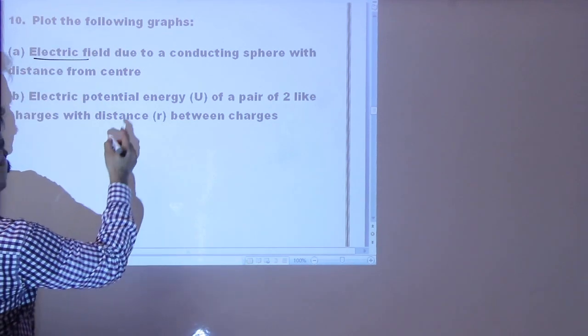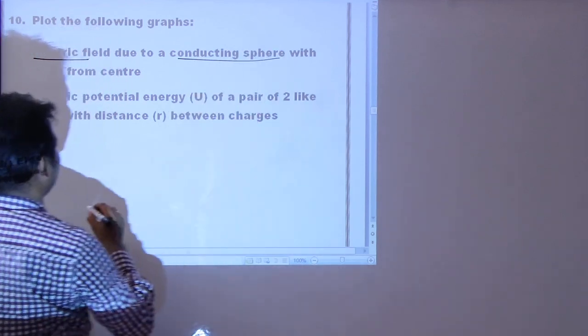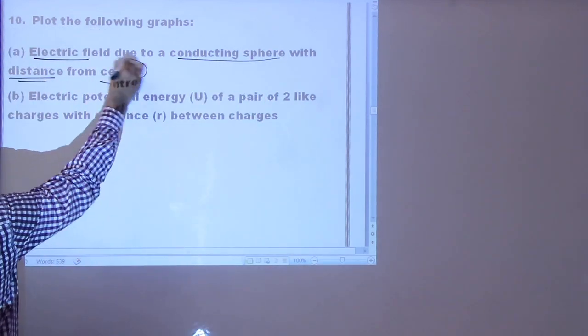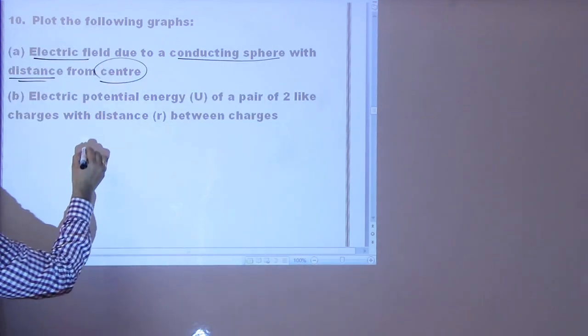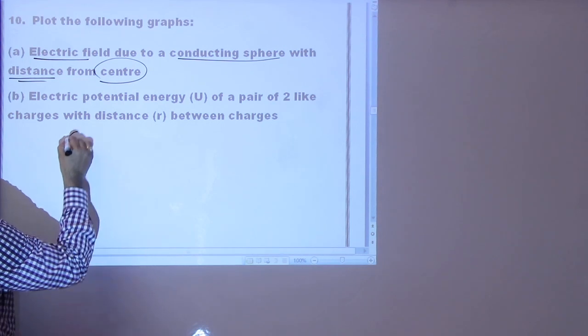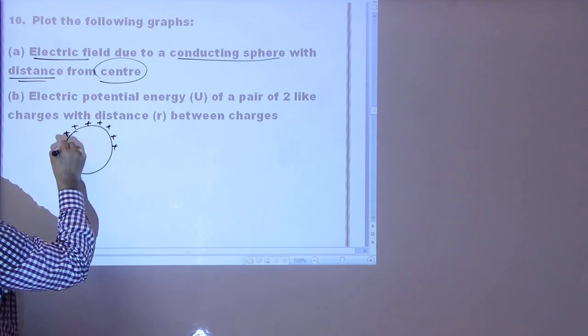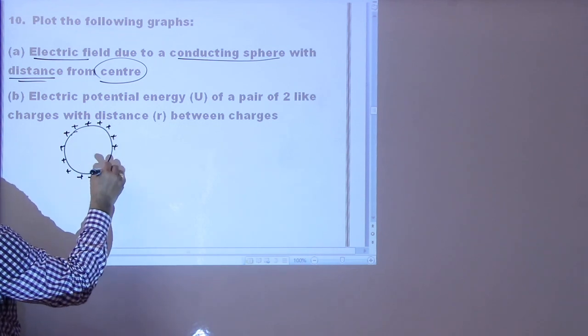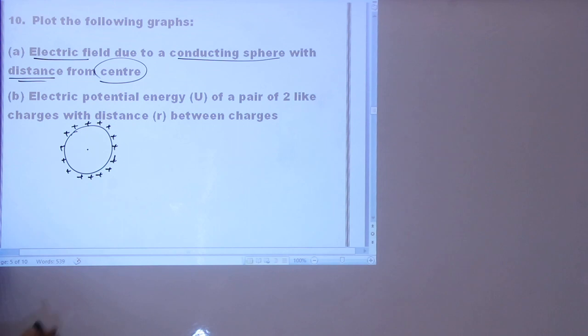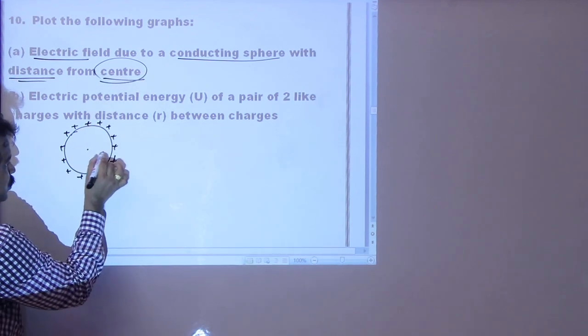Plot the following graphs. Electric field due to a conducting sphere with distance from the center. If you take a conducting sphere, charge will reside only on its surface. From the center, how does the electric field change?